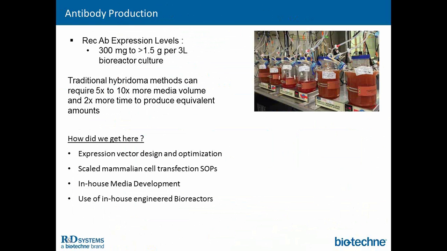That is a large amount of antibody you can get from a single lot, again minimizing the risk of any changes at the customer end when you have lot-to-lot changes. Usually with our traditional hybridoma methods, where you do have very high producing hybridomas, it will take about 2 times more time and effort to get to those levels of purified antibody in the end. And the way we got here was we co-developed all our vector designs. We optimized a lot of the fermentation process. We optimized our media in-house. So we really put a lot of effort into this.